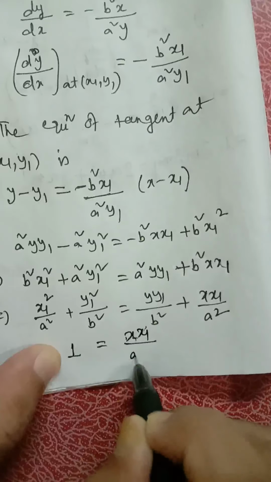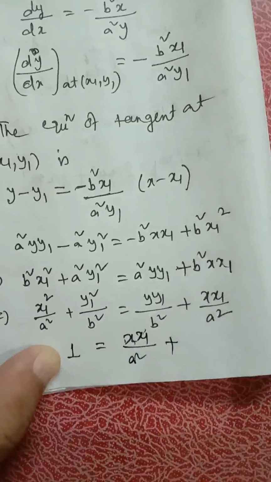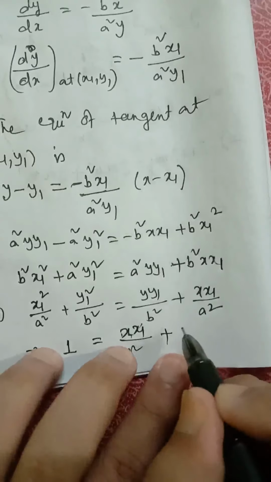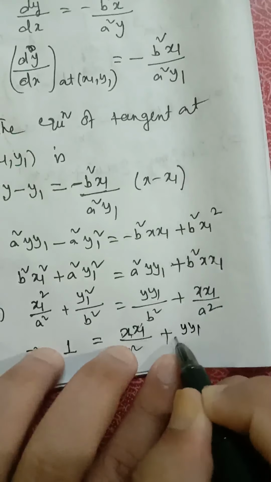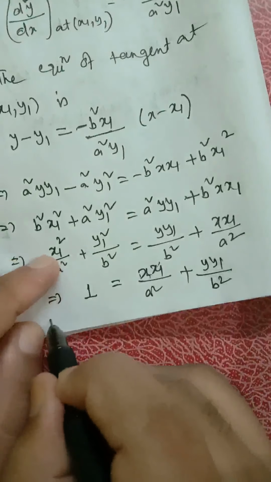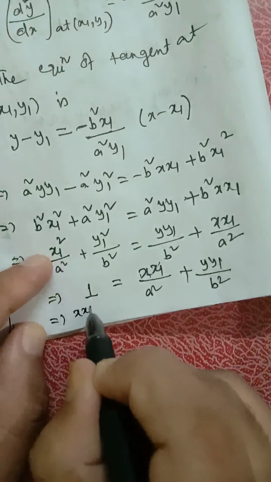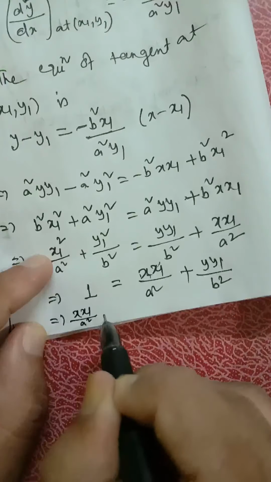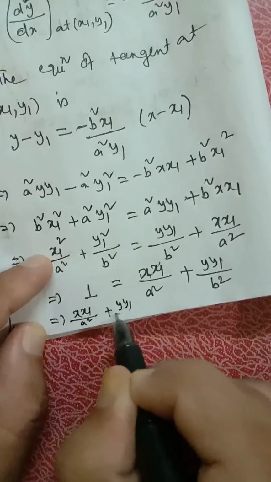So therefore the equation of tangent is now x x1 by a square plus y y1 by b square equal to 1.